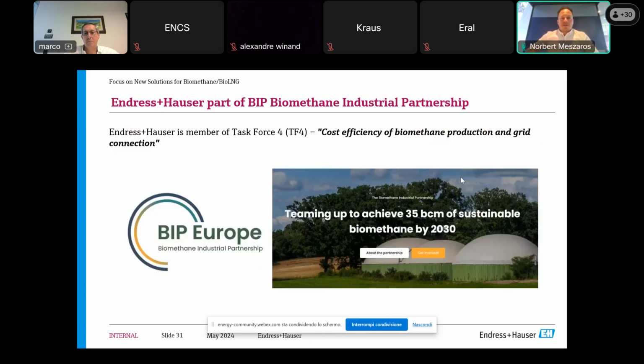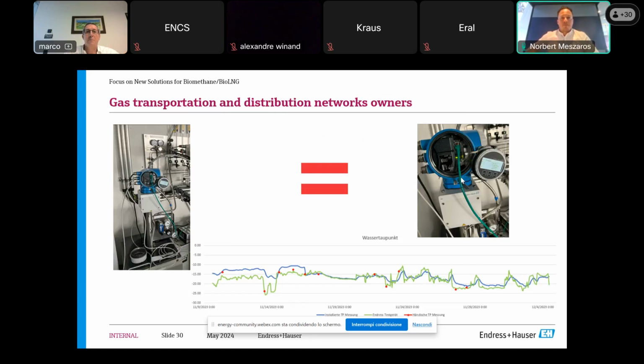While Marco is showing some experiences, I think this is the project. We compared our device with the so-called chilled mirror technology. We were expecting much faster and much more accurate measurement.